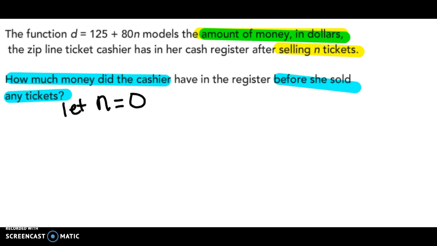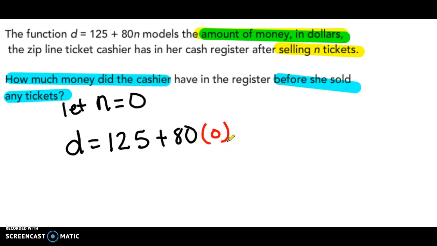So our equation says d equals 125 plus 80 times our n value, which we let equal 0. That simply means that d equals 125, and 80 times 0 is just 0. So that means that she started with $125 in the register before she sold any tickets.